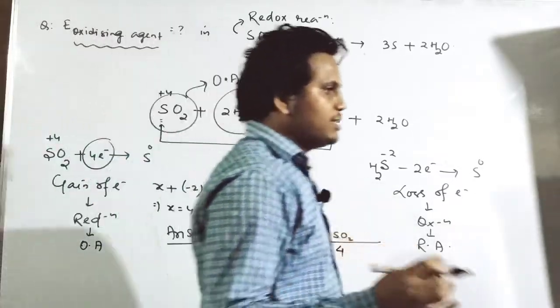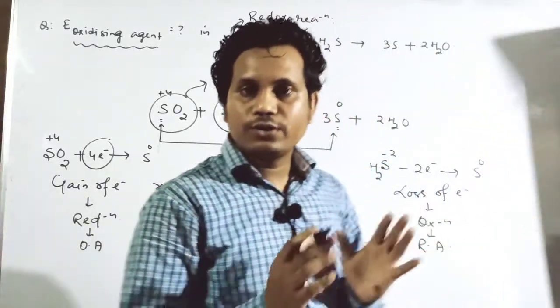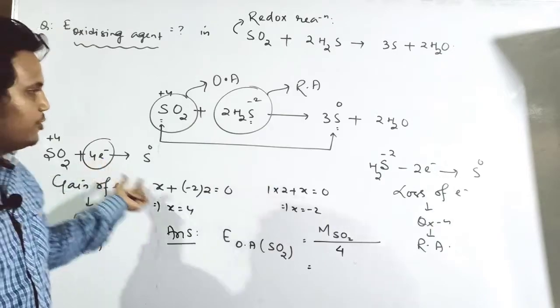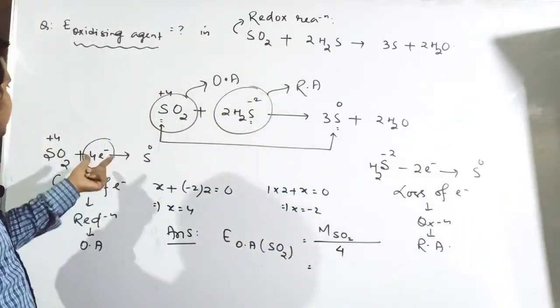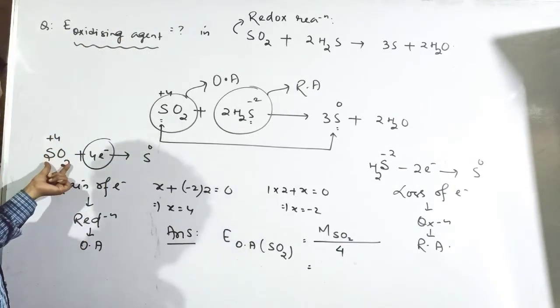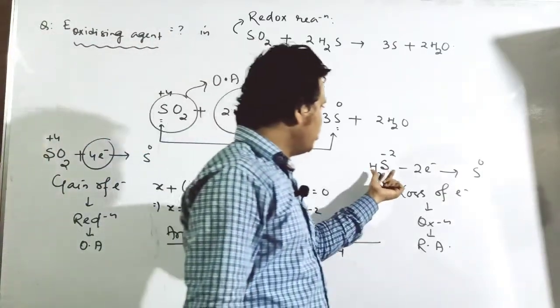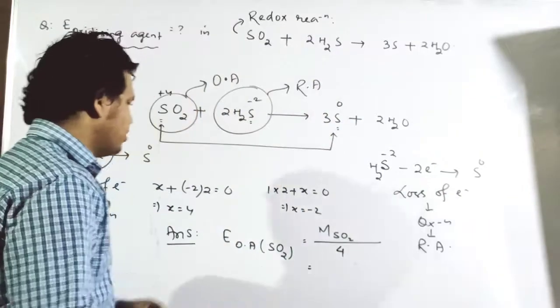So whether oxidizing agent or reducing agent, it will be observed in a redox reaction. Just find the number of electrons gained or lost. For oxidizing agent, molar mass by number of electrons gained. For reducing agent, molar mass by number of electrons lost. That is our answer.